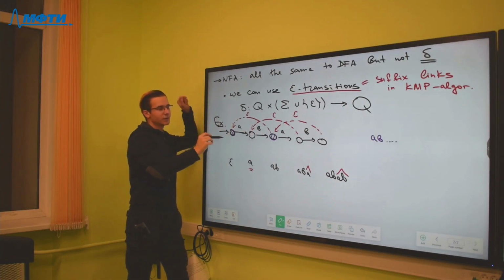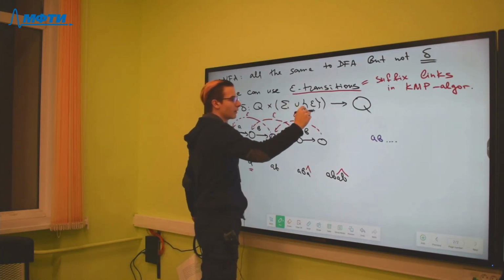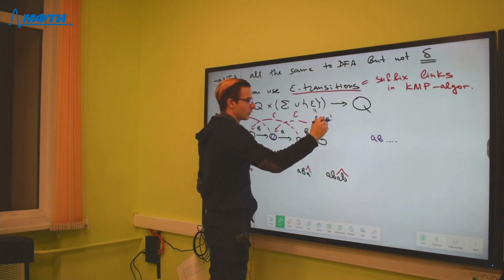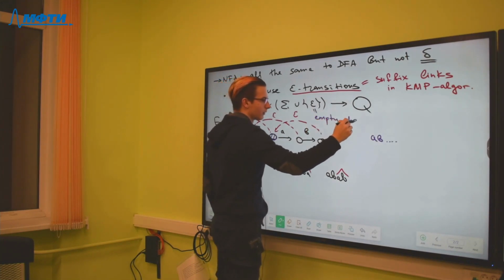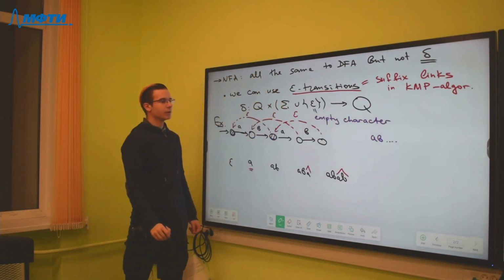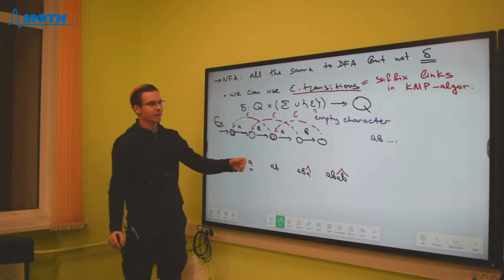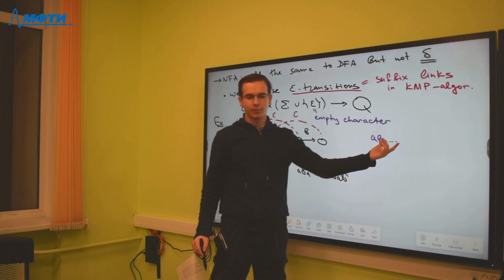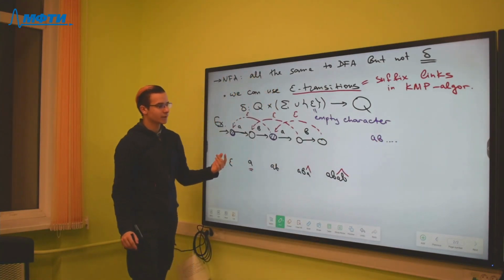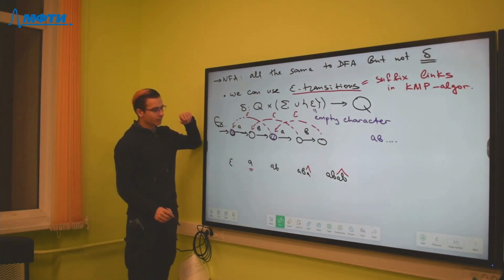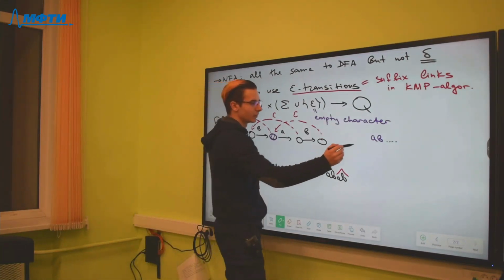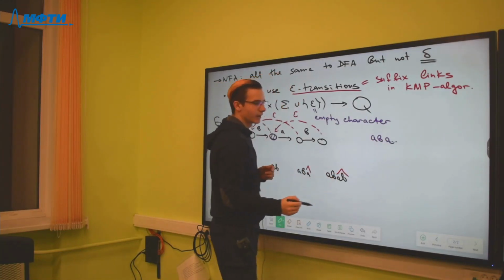Because epsilon is the empty character, you can add any number of empty characters between different characters. But then we, for example, read the A.